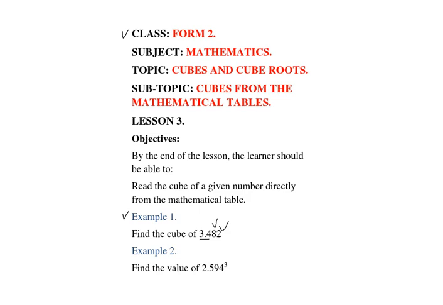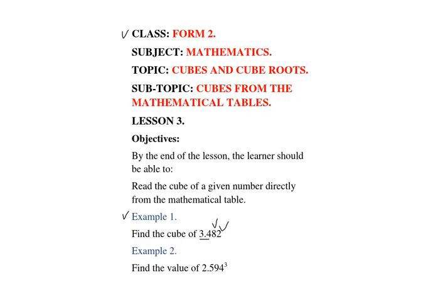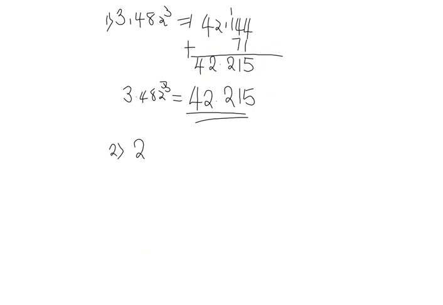In our second example, we are told to find the value of 2.594 cubed. So we are told to find the cube of 2.594. We start with the first two digits.